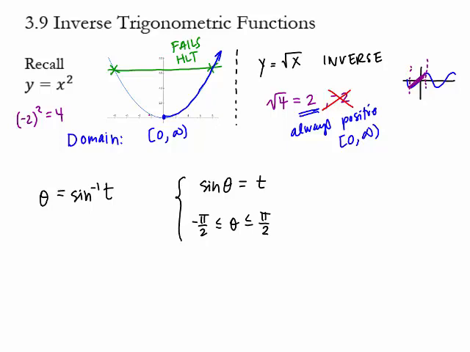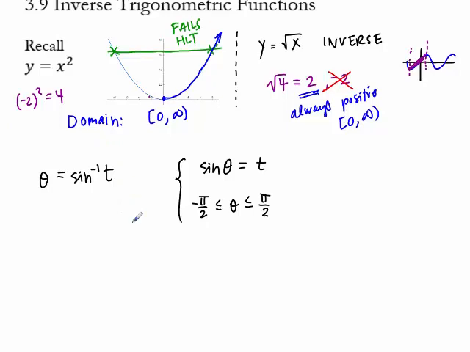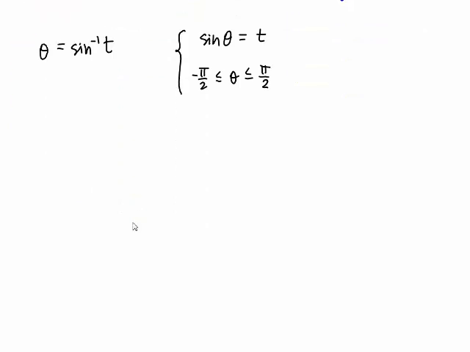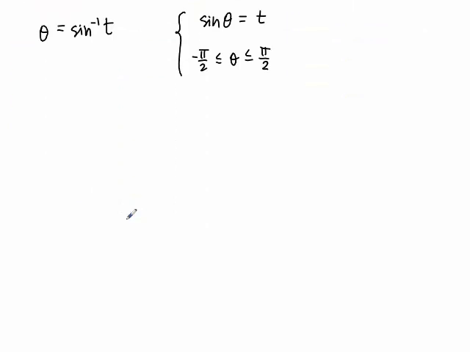So of course we're here in calculus, and we want to find the derivative of this inverse sine function. So how do we do that? We want the derivative with respect to t of the sine inverse of t.